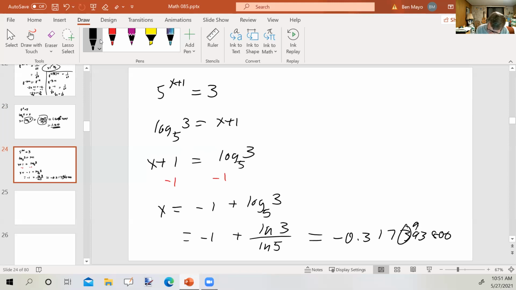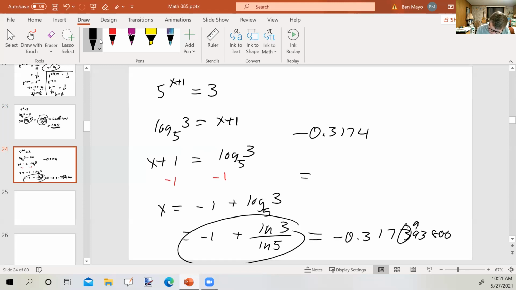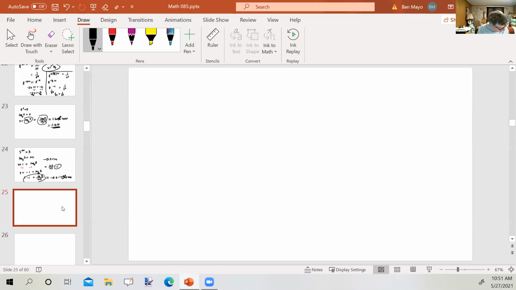So the 9 would round up and we'd have that. Okay. Now, I wrote it this way. I also could have said natural log of 3 over natural log of 5 minus 1. If I do that, though, make sure that I separate this. It's not included as part of the natural log of 5. Okay, it's a separate term. So be careful there.